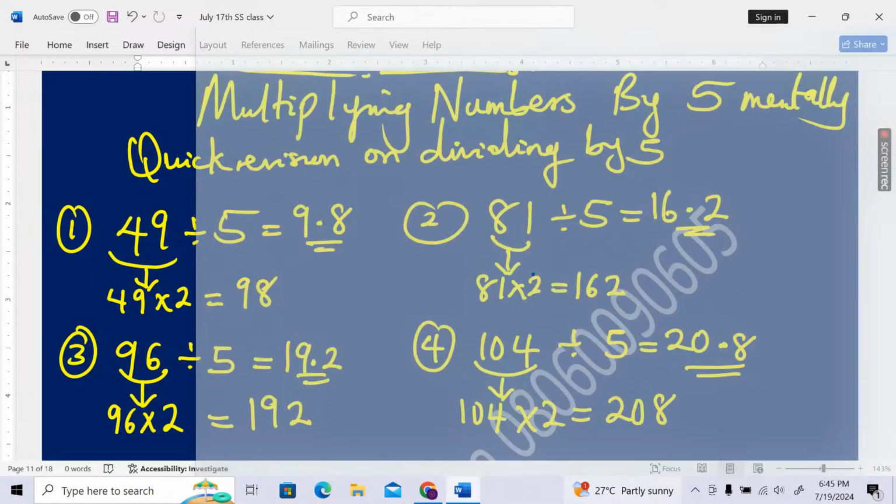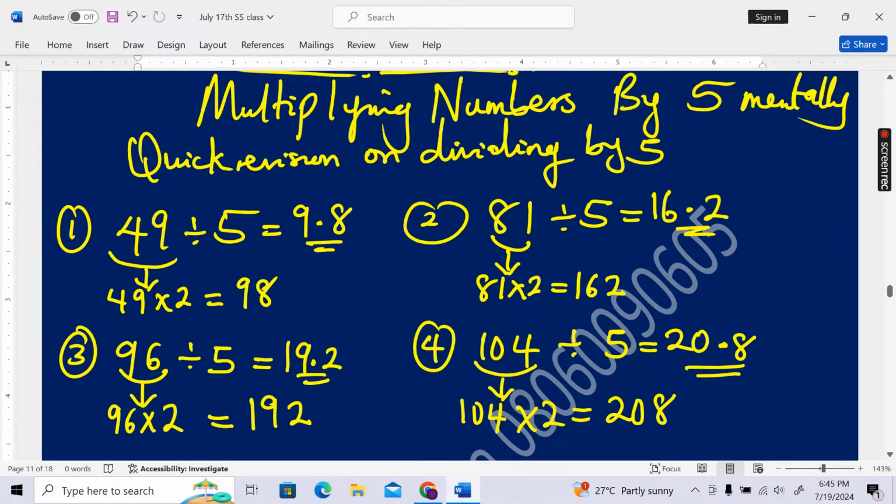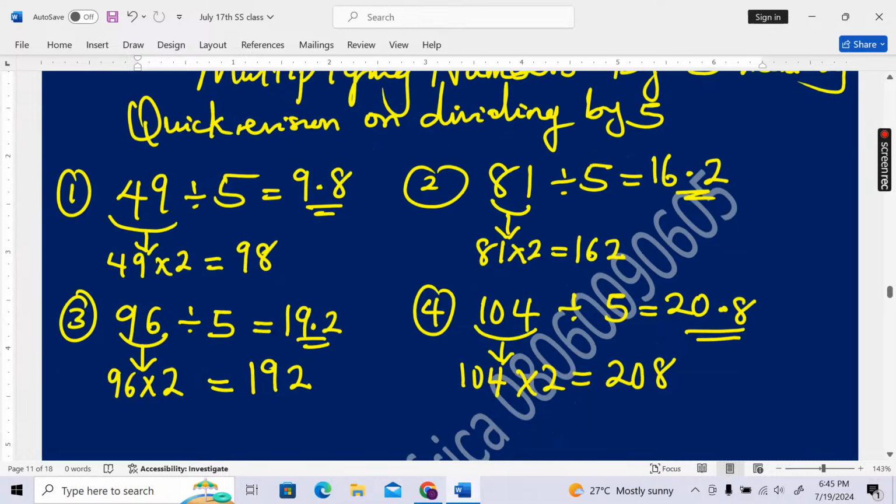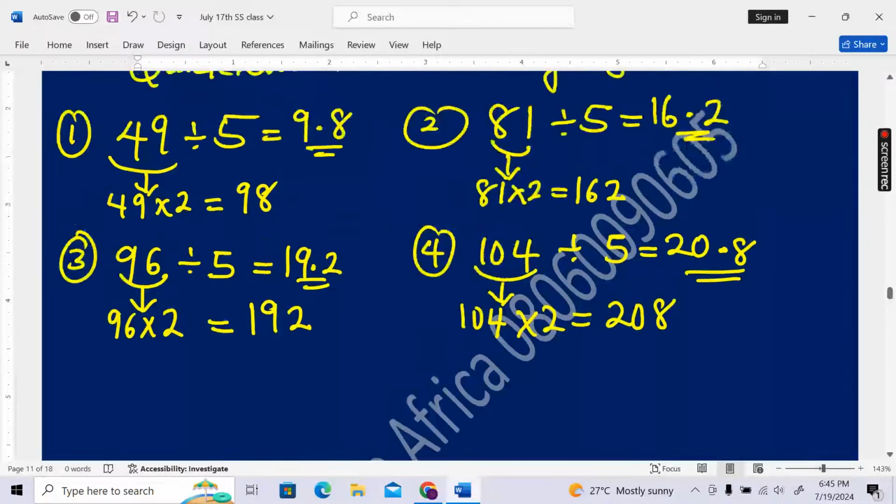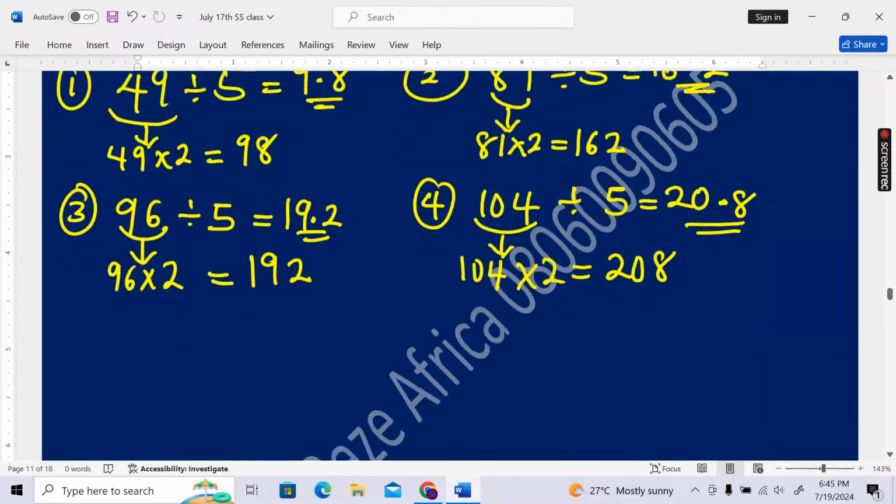Okay, so now let's move on to multiplying by 5. You can use this method to divide large numbers by 5.